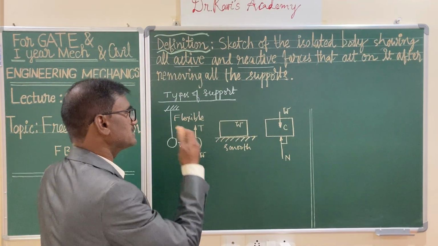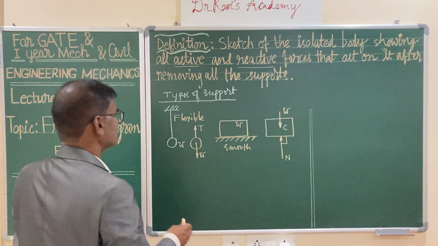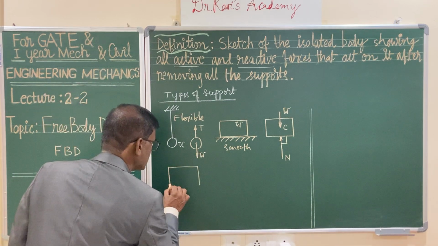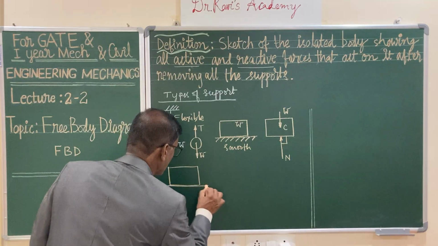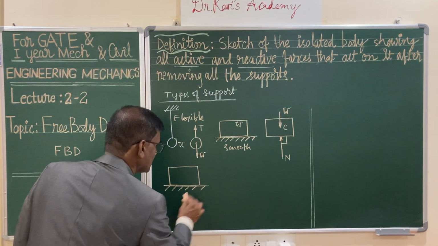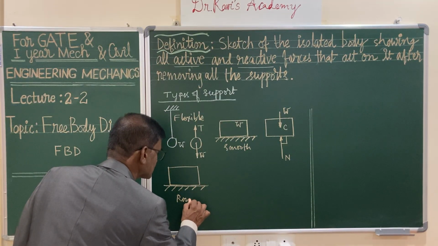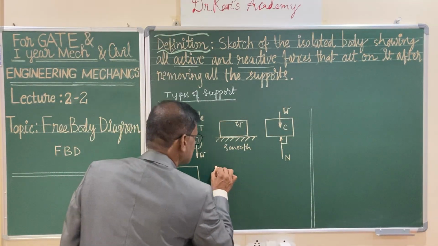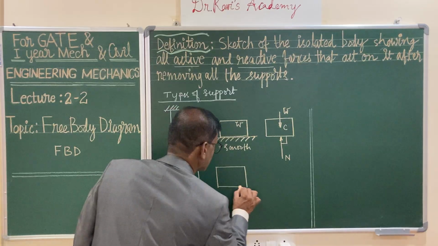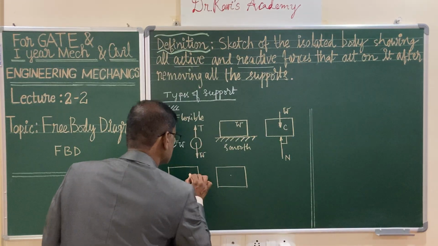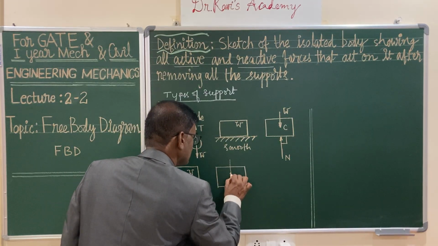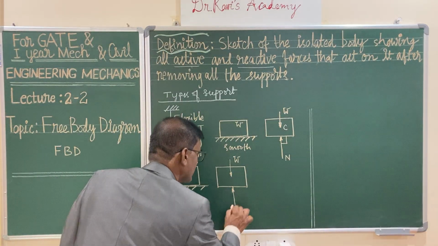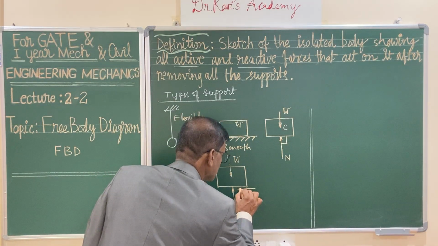And if you consider a rough surface instead of smooth, I'm treating that the block is resting on a rough surface. So this I am calling a rough surface. And whenever you come across a rough surface, you are going to replace it with, let us say, the weight W acting vertically downwards, and a normal reaction and frictional force.